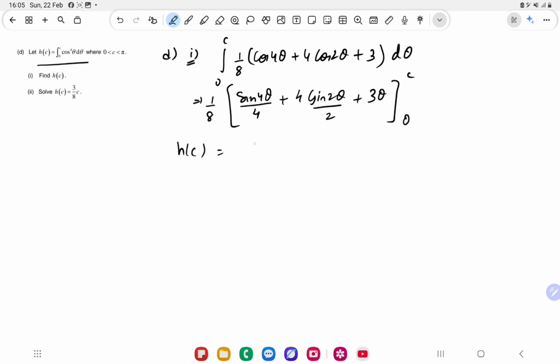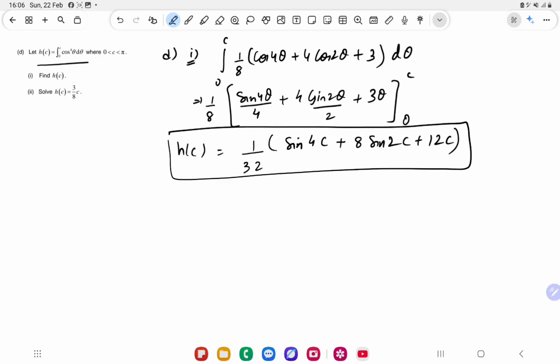So I can take 4 common, so I can write it as, putting the upper limit, sine 4c plus 8 sine 2c plus 12c. When you put the upper limit and lower limit, you will get this as the answer. So this is my first part answer.